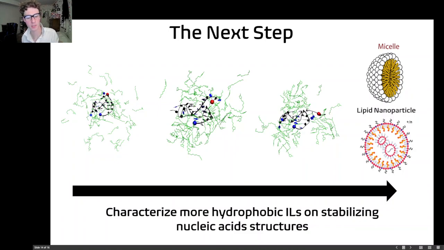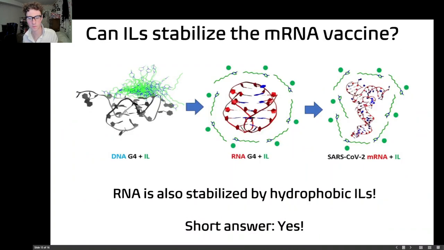This is currently under review for publishing, and we believe this is a critical step in stabilizing RNA and mRNA-based therapeutics. We've also confirmed this in the lab, that yes, if your ionic liquids are very hydrophobic and induce a hydrophobic effect, you can stabilize RNA. And we are thinking this is the goal to stabilizing mRNA cheaply.